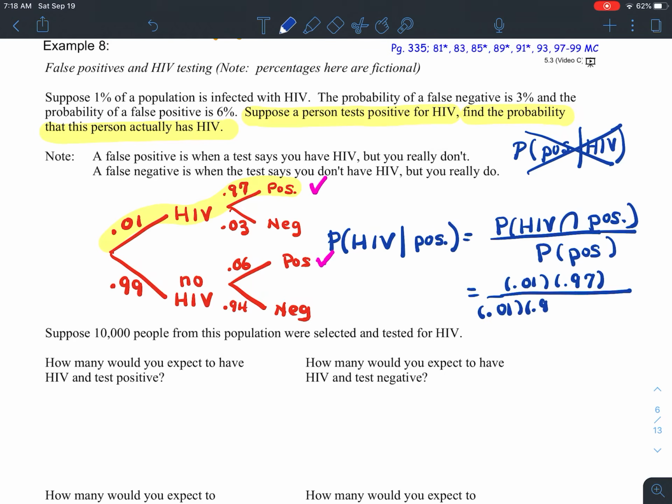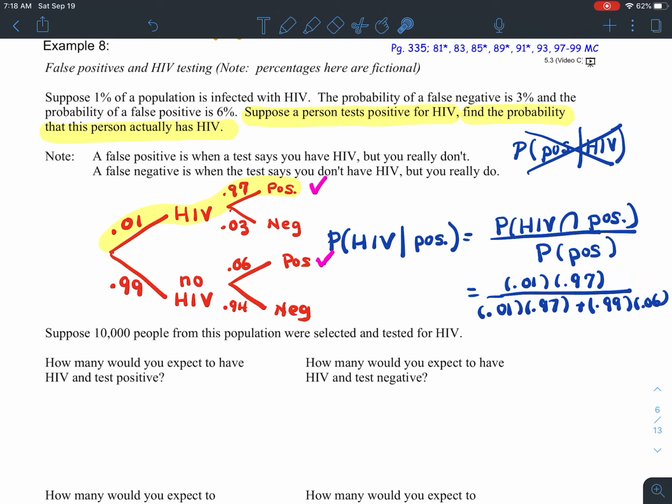Well, this situation ends with a positive test result, as does that one. So I need to place in the denominator the 0.01 times 0.97. That's a situation where they have HIV and they're testing positive.